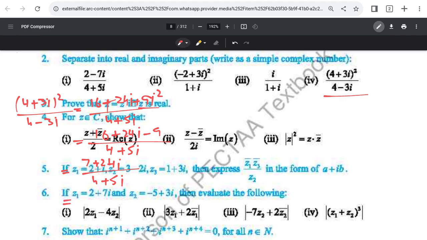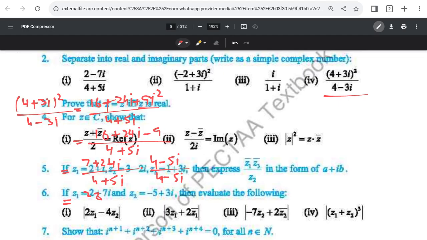Okay, then now we multiply them. First of all we multiply with the conjugate. The conjugate of this one is (4 − 5i) over (4 − 5i).